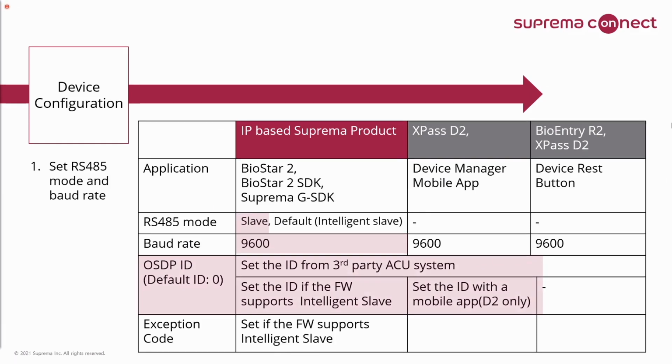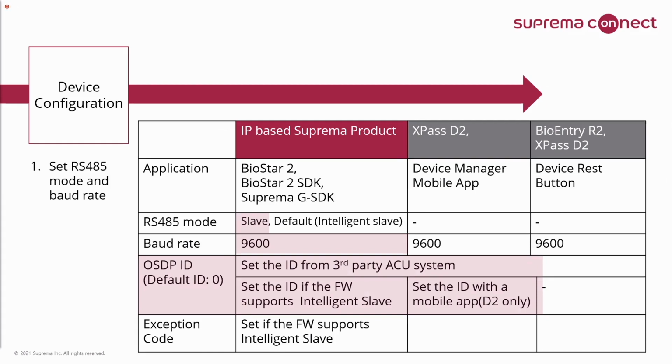Since the default OSDP ID of Suprema device is 0, the OSDP ID setting is required to avoid overlapping the OSDP ID when connecting the same access control panel. Most access control panels also include a function to set the OSDP ID. So please check that option before use.